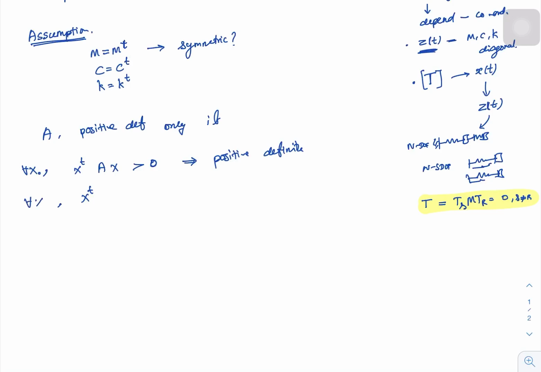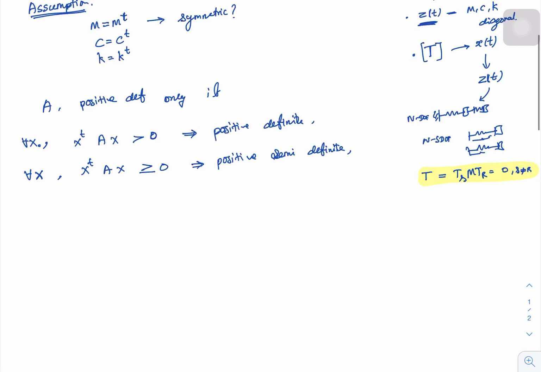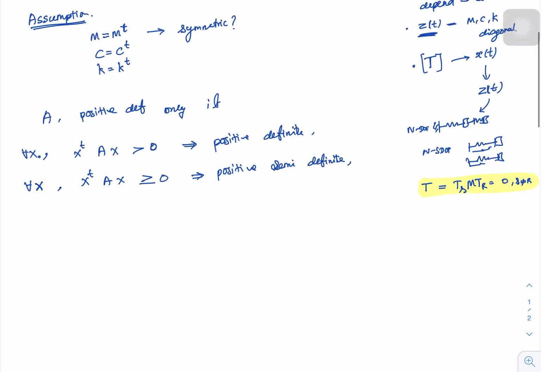Similarly, when x transpose A x is greater than or equal to 0 for all x, it is called positive semi-definite.